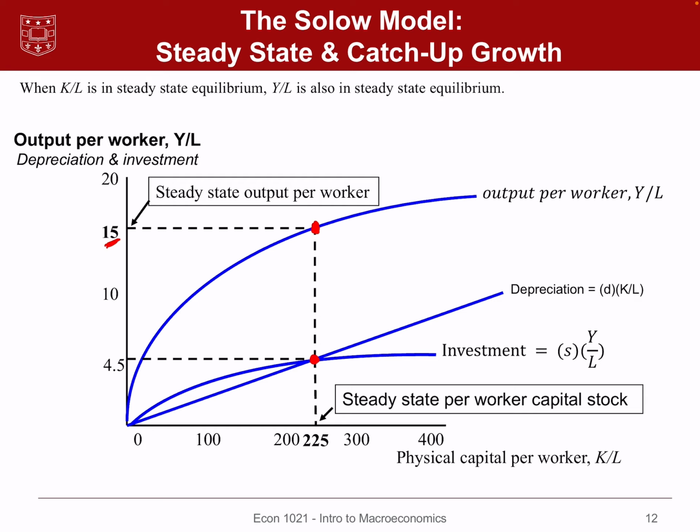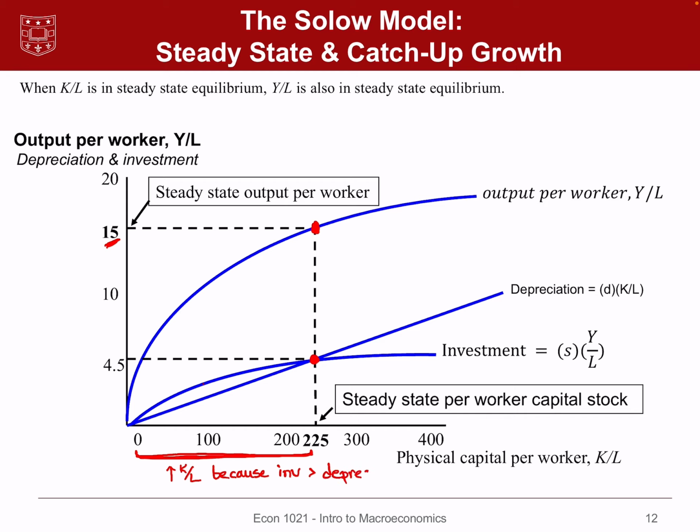So in particular, what do we observe? Over this range where we're below the steady state, we have a situation in which there is an increase in capital per worker because investment is bigger than depreciation.